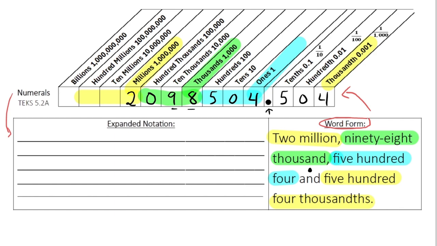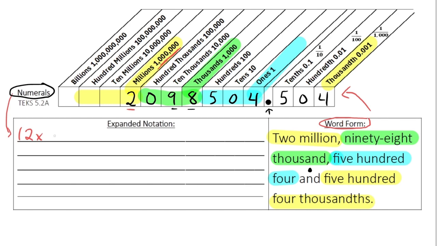Now that I have my number in numeral form, I can now write it in expanded notation. And remember, with expanded notation, all you're doing is copying your digit and then telling me the place value that it's in. So for instance, let's start with here. We have our 2. So I'm going to write 2 times, and then I just copy this.